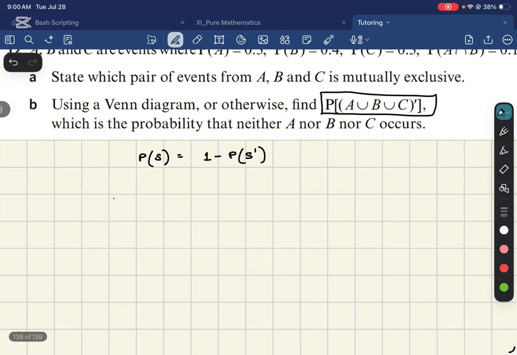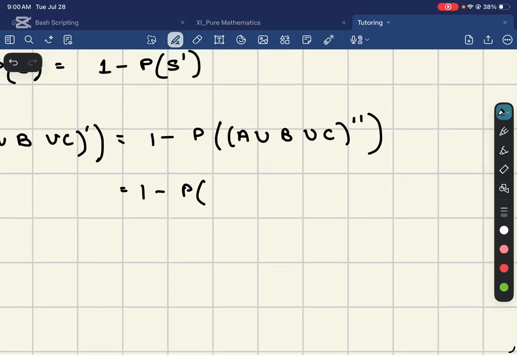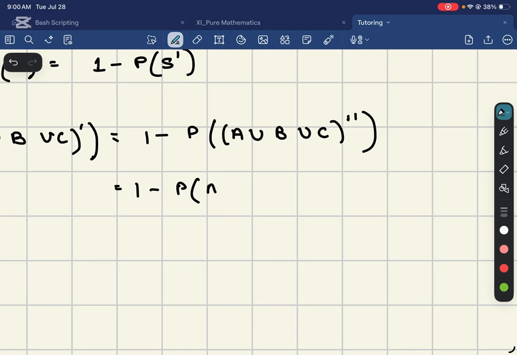So basically, the probability of the complement of A union B union C is 1 minus the probability of A union B union C. Taking the complement twice just means that they negate each other, so you only have the initial event, A union B union C.